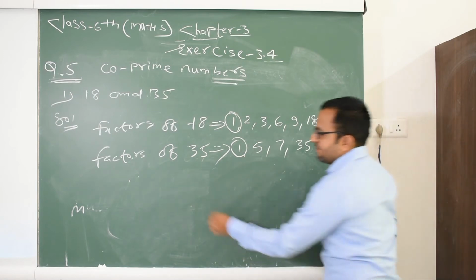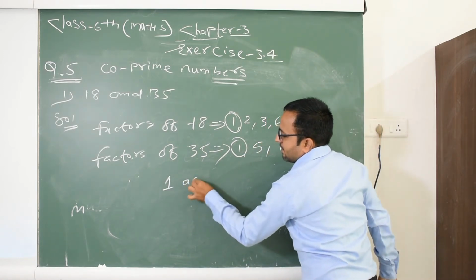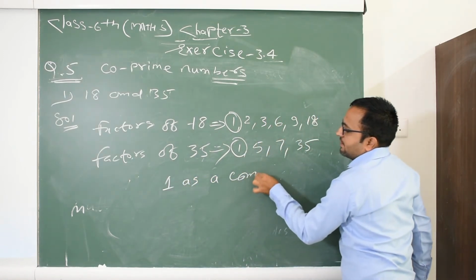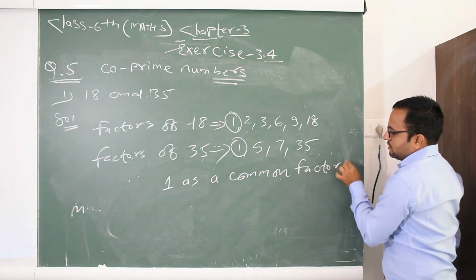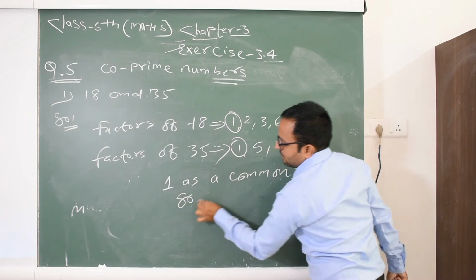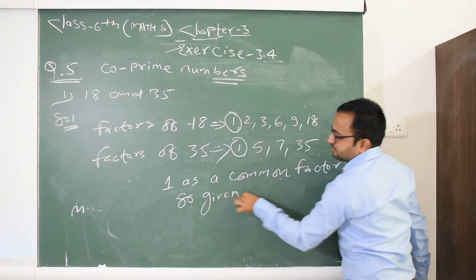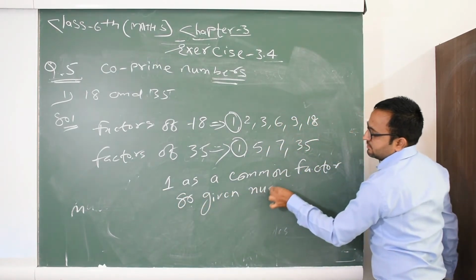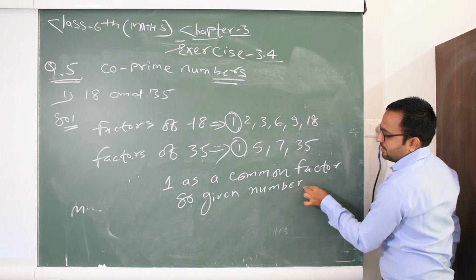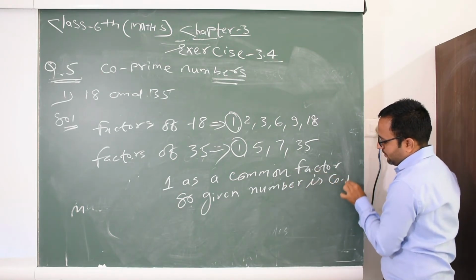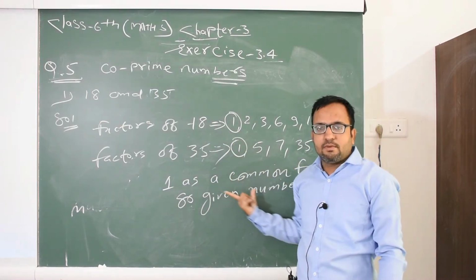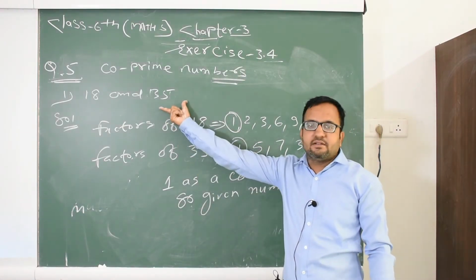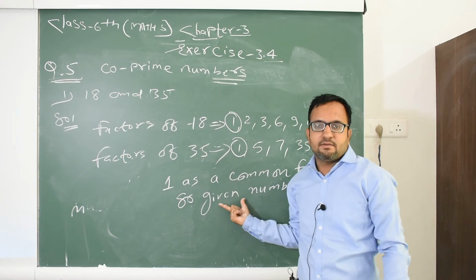So the given numbers are co-prime. If we find 1 as the only common factor, we call 18 and 35 co-prime numbers.